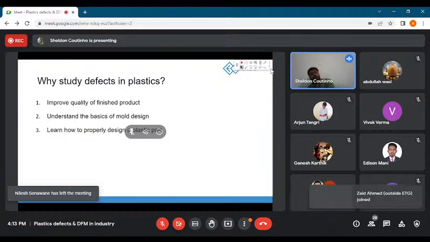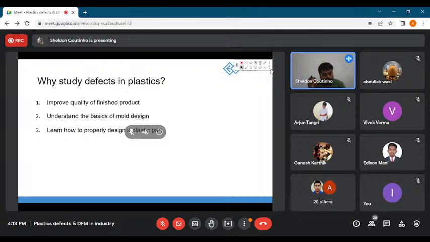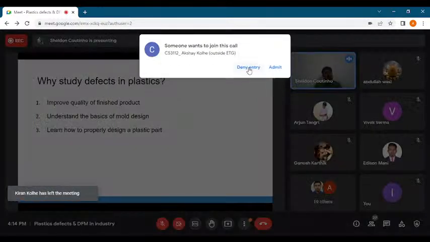Second is understanding the basics of mold design. Mold design is a completely different topic. I am a plastic component design engineer, so it's not my job or my responsibility to understand the mold. But if I don't, and I submit a component which cannot be manufactured, if I've not thought about anything, and I send it to the guys who are designing and manufacturing the mold, they'll directly send this part back to me and say, we cannot manufacture this, make some changes.